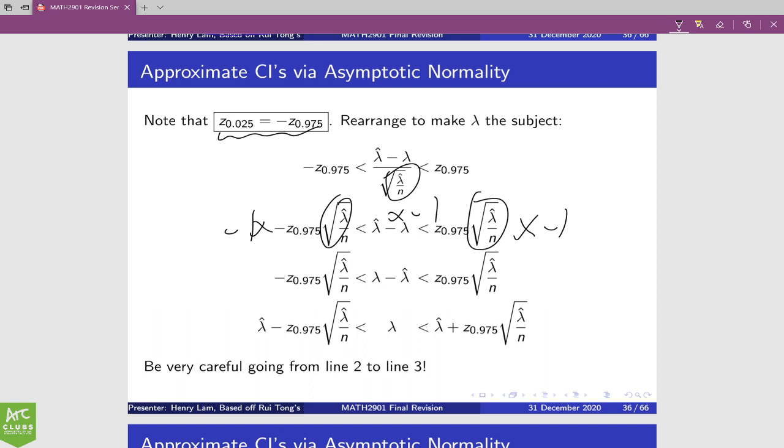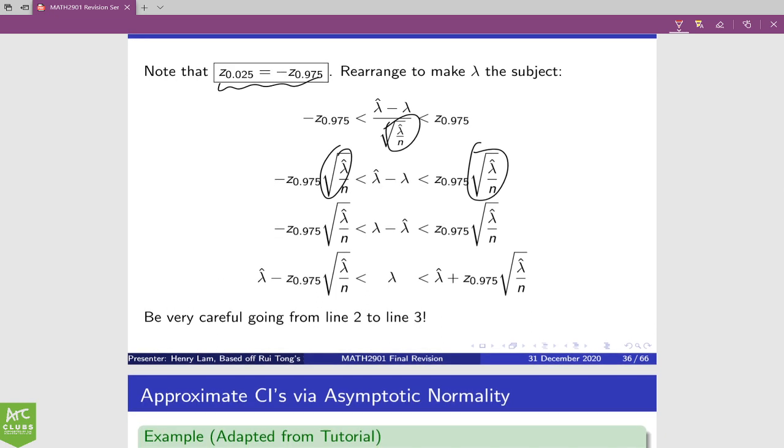So this thing would go over here, and this one would go over here. But you notice that it doesn't really, because the negatives cancel out, so it looks very similar to the previous thing. But in general, you need to be careful when you multiply inequalities by negatives, because you need to flip things over.